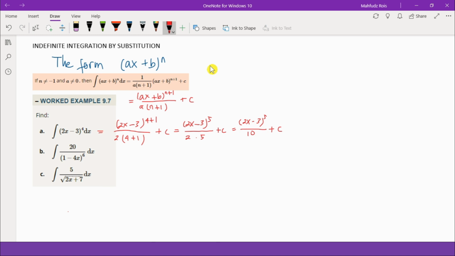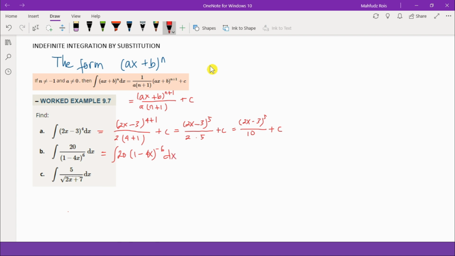Now how about for B? So again for B, since the function is in fraction form, we can firstly change this into power form. So it will be 20 times (1 minus 4x) to the minus 6 dx.